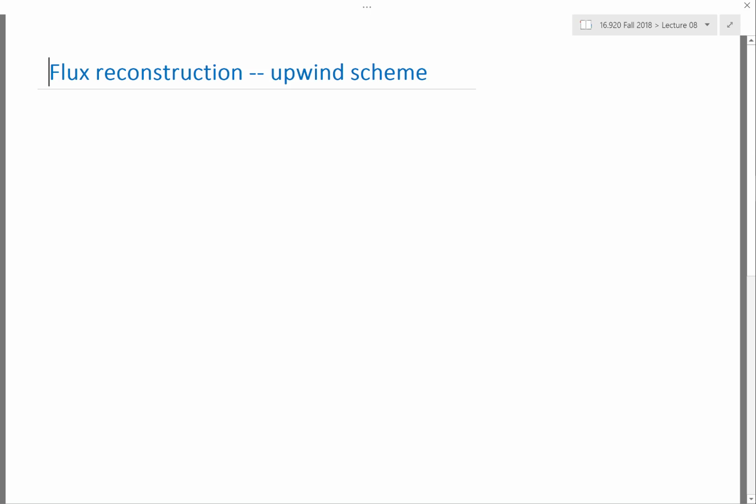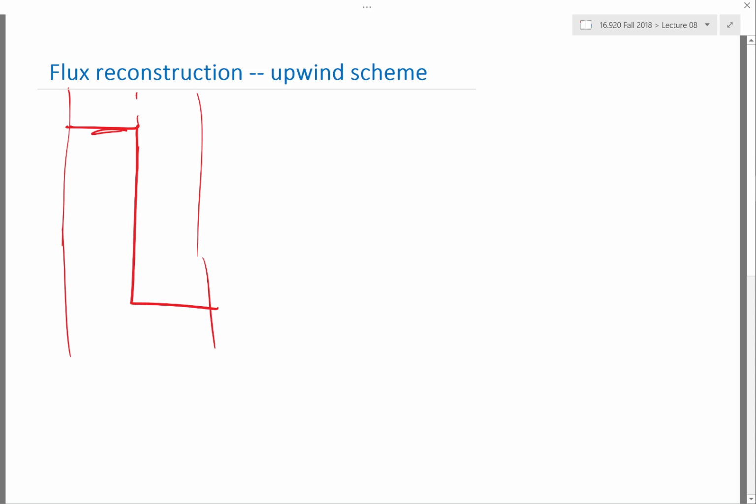Okay, so the real question we want to focus on here is if we have two cells and we only know the cell average, right? So cell average here, cell average here. How can we compute the flux at i plus half?